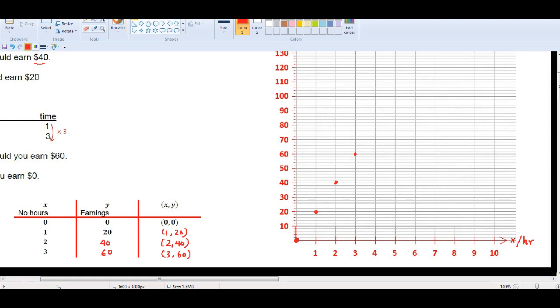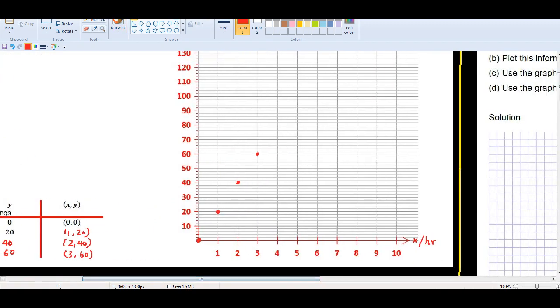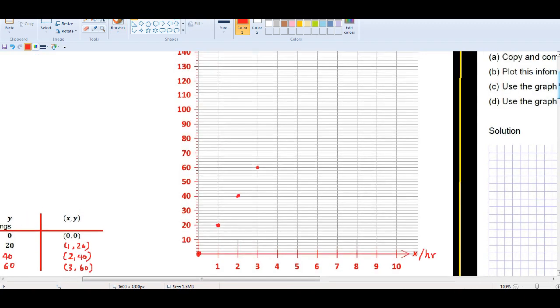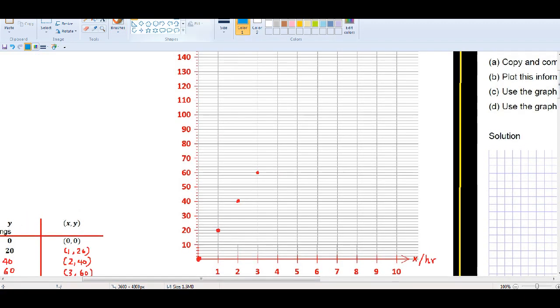Okay, so let's connect them all together. So what kind of geometric figure will you see if you join all the points together? You see a straight line.